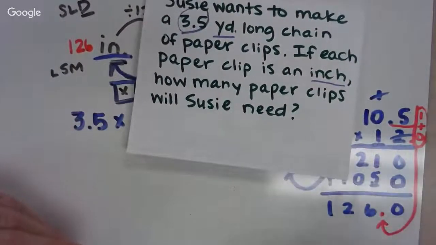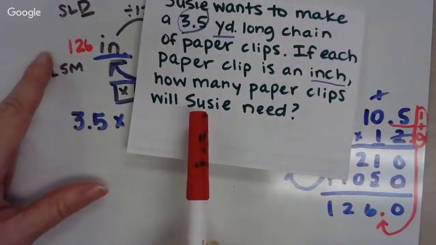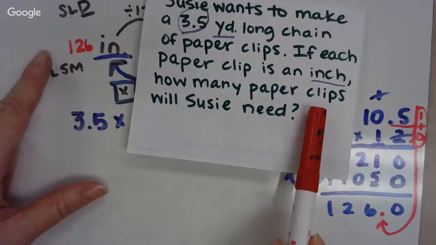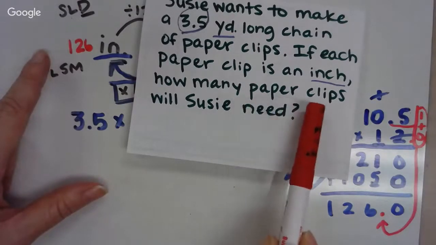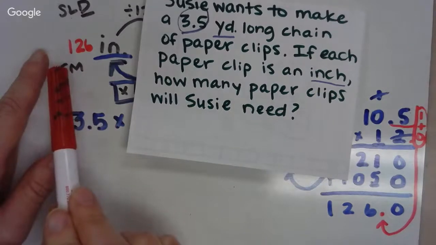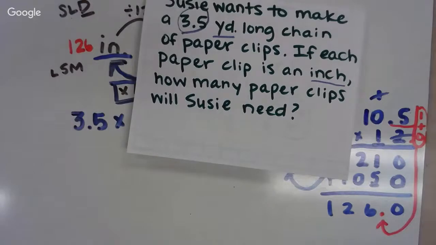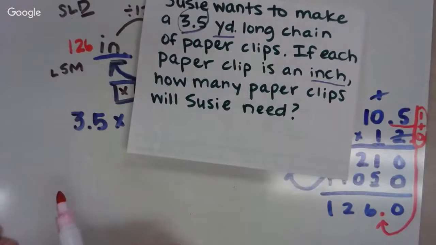With this question, our actual answer was not about 126 inches, but it was about the paper clips. How many paper clips will Susie need? Since we know that each paper clip is an inch and we have 126 inches, Susie will need 126 paper clips.